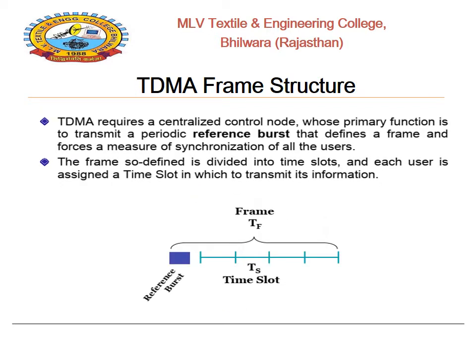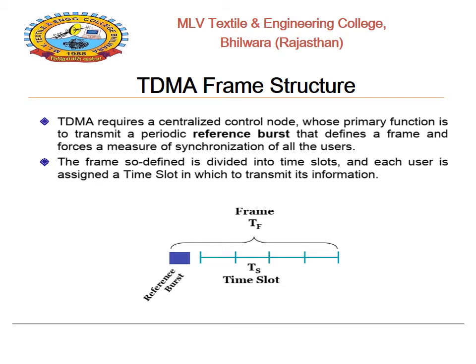Next PPT represents the TDMA frame structure. TDMA requires a centralized control node whose primary function is to transmit a periodic reference burst that defines a frame and forces a measure of synchronization on all the users. As seen in this figure, the total time frame is TF, and the time slots, identified as TS, are divided into four parts: 1, 2, 3 and 4.